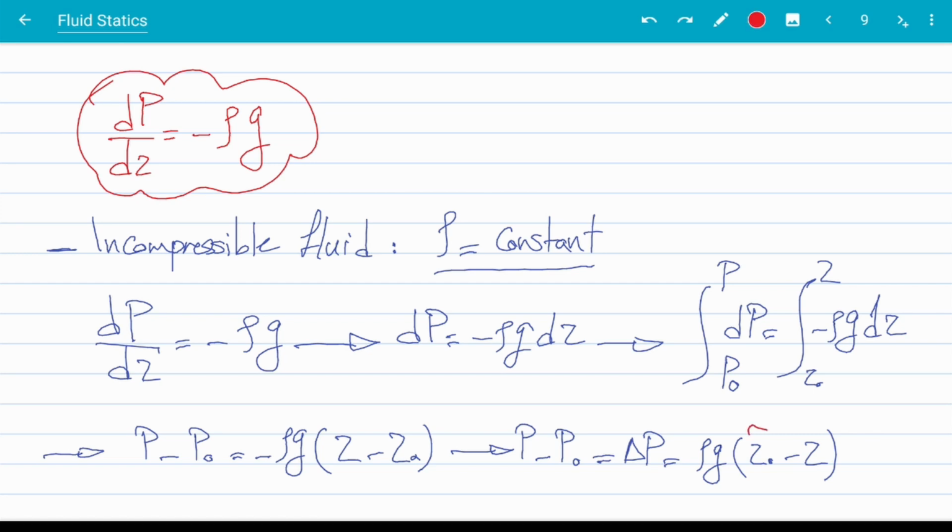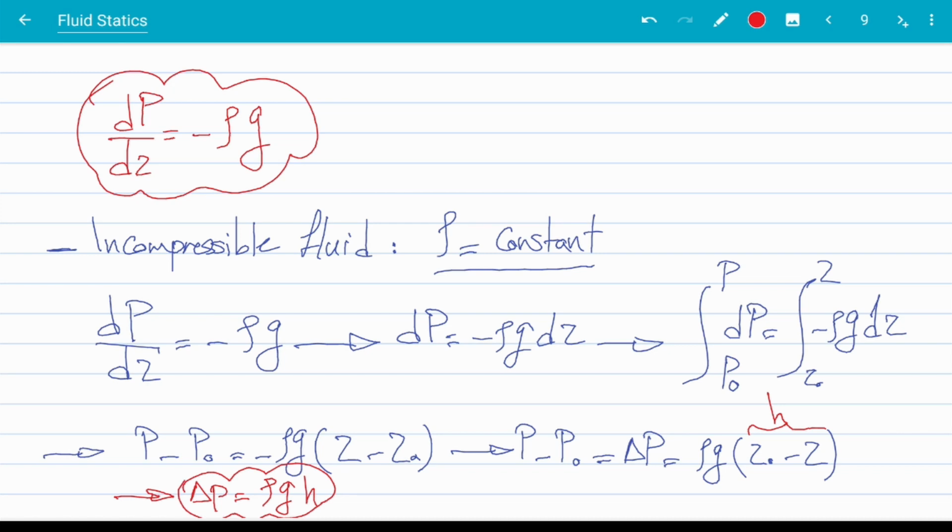Or I can rename this z0 minus z and call it h, and so I can conclude that delta p in a static fluid is equal to rho g h.